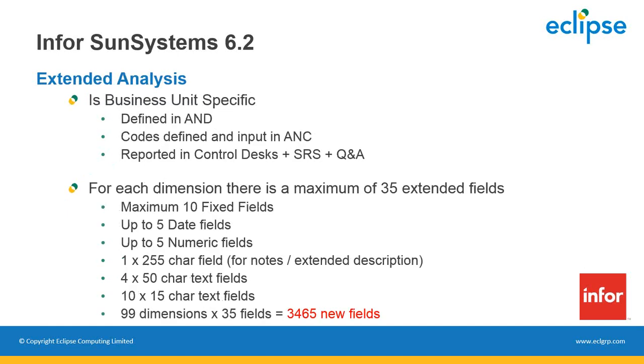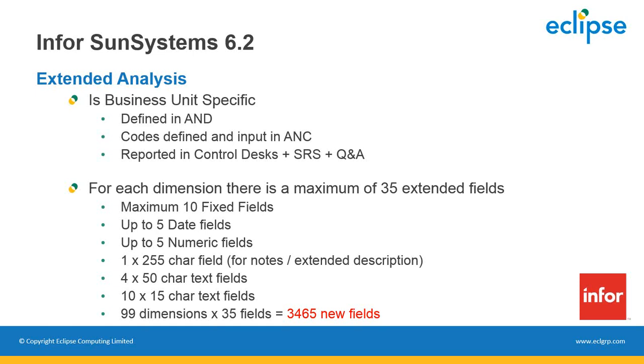So things to remember: extended analysis is business unit specific. The way it works is you define which analysis dimensions you wish to extend in analysis definitions. You can then input and define the regular analysis codes as you normally would. But then for each analysis code within a dimension, you can define a maximum of 35 extended fields.